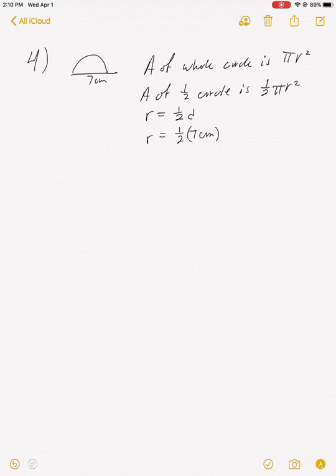Make sure that you keep track in the homework of whether you're given the diameter or the radius. That's going to be equal to 3.5 centimeters. So the area of the half circle is equal to 1/2 pi r squared, and they tell us to use pi as 22/7 again.